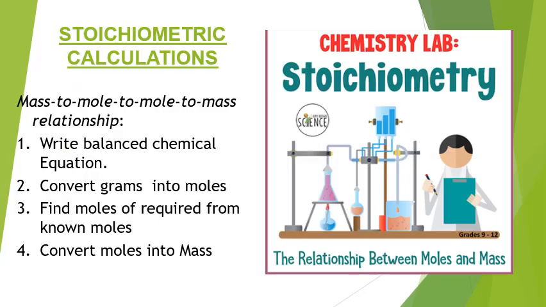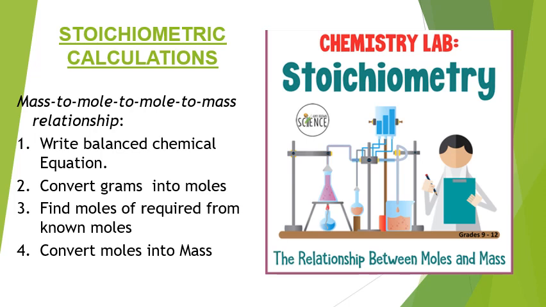Now this is just a reminder to go for the stoichiometry calculations stepwise. These calculations are related to the mass to mole or mole to mass relationships. Which steps do you have to carry out? First, we must write the balanced chemical equation.